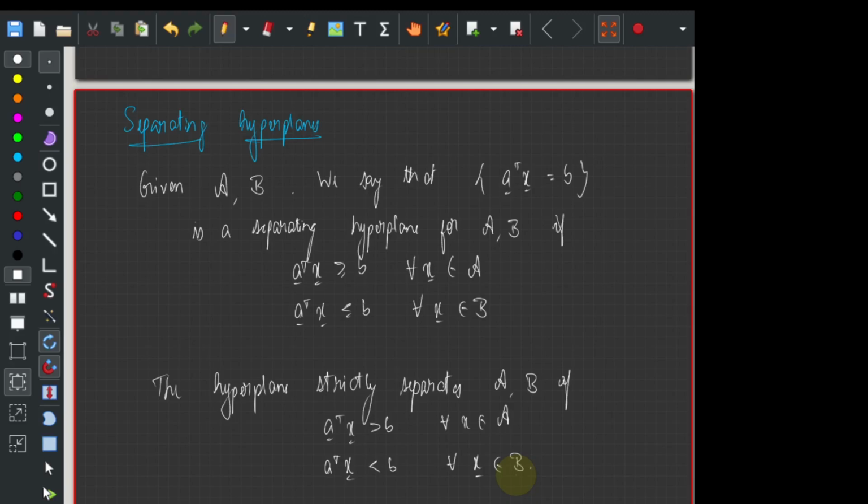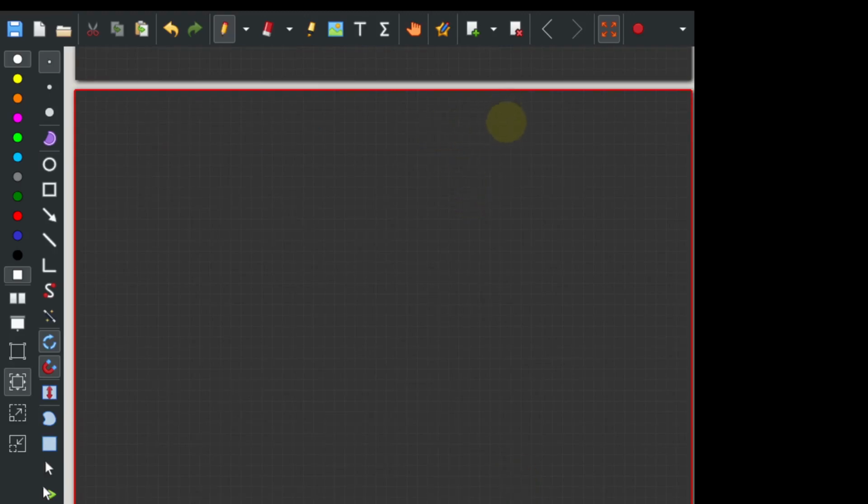Okay, so visually speaking, if you can draw these two sets, then it means that you can draw a straight line which strictly separates these two sets. All right, so you draw this set, you have another set, then this hyperplane basically separates these two sets. That's just the visual interpretation.